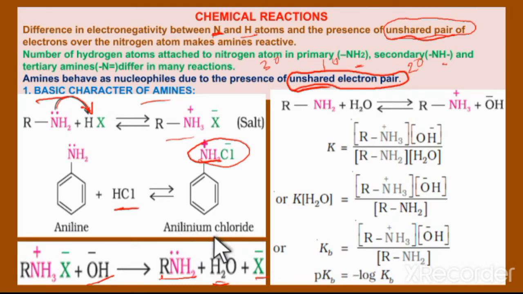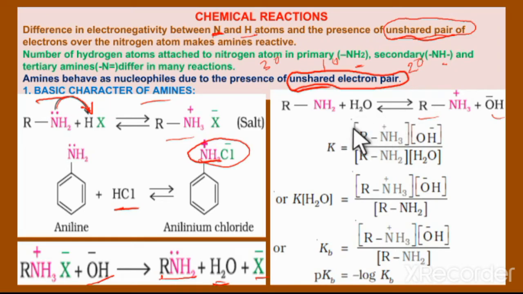The basic character can be explained with respect to Kb and pKb values. When an alkylamine is treated with water, it forms the alkyl ammonium ion plus hydroxide ion. This is a reversible reaction.